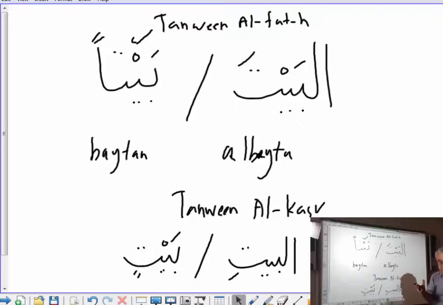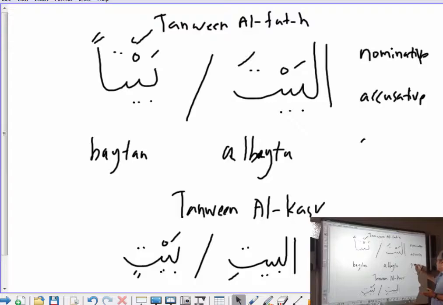So remember, we use tanween al-fatah, tanween al-dhamm, tanween al-kasr, al-fatha, al-dhamma, al-kasra with nouns and adjectives, not with verbs. In English, they use the words nominative, accusative, and genitive. But actually, we don't need to learn more words because we don't use them in English. What does nominative mean?